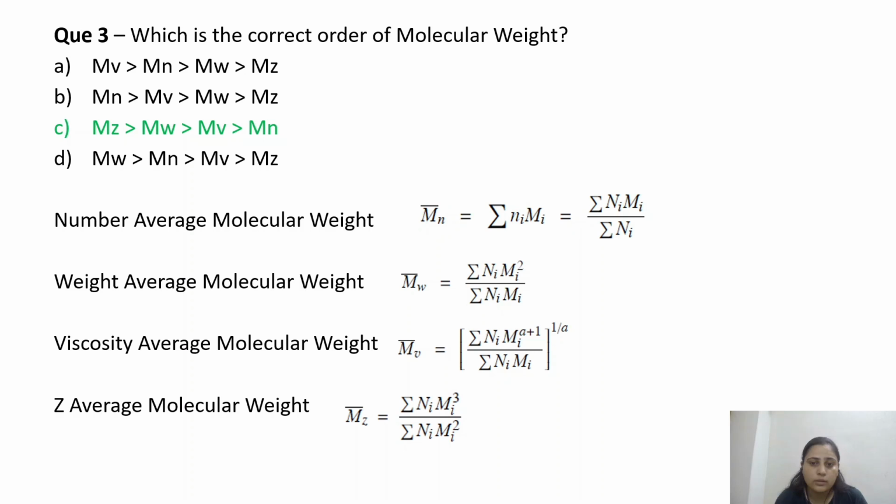So its value will mostly be positive. After that is the viscosity average molecular weight, and then the last is the number average molecular weight, because its power is just 1. So from their formulas, the Z average molecular weight will be higher than the weight average molecular weight, then the viscosity average molecular weight, and the least will be the number average molecular weight.